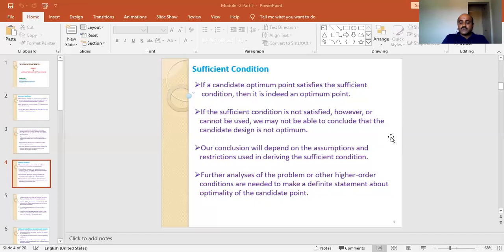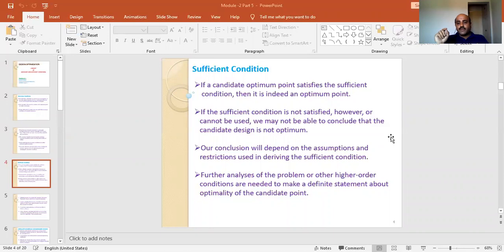We will be discussing the first order and second order optimality conditions, both necessary as well as sufficient, and how we can make a statement about the optimality of a candidate point.